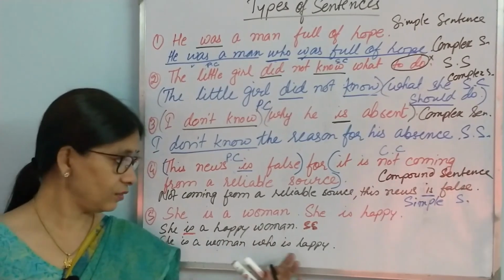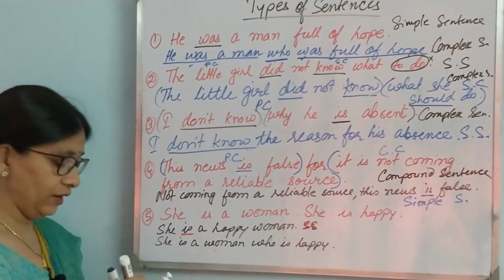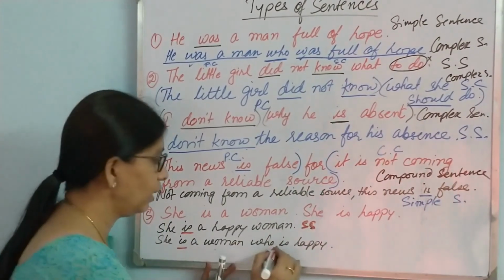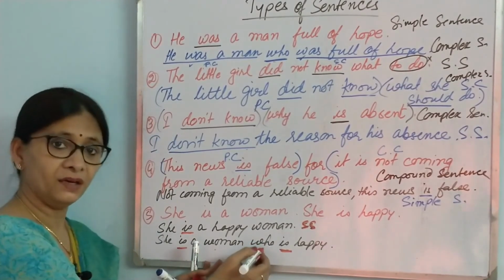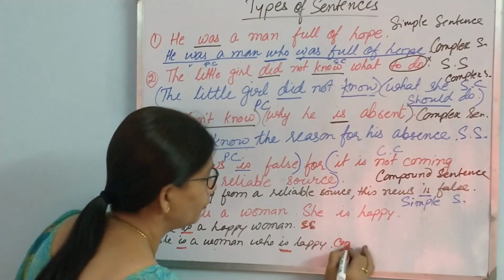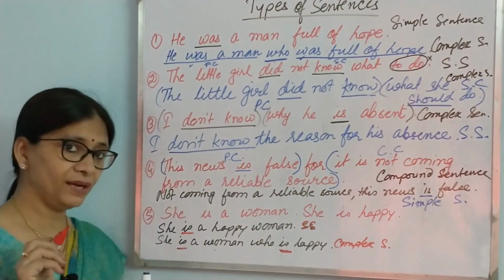Now here we have one verb which is, and the other verb again is, and it is joined with this subordinating conjunction. So this is a complex sentence.